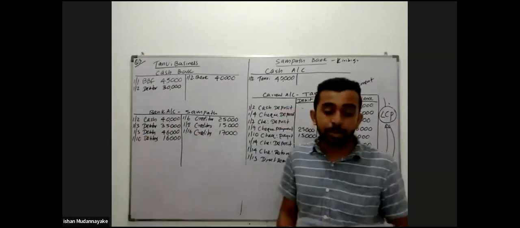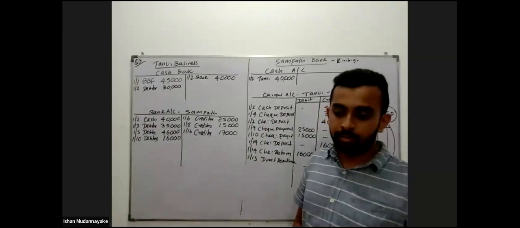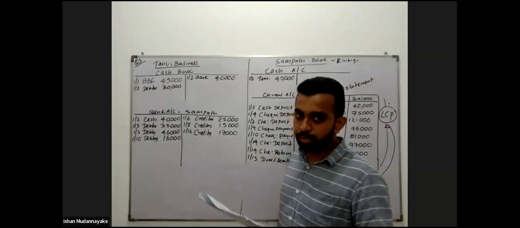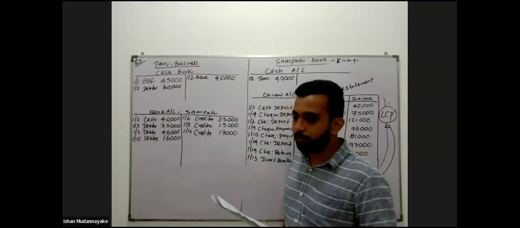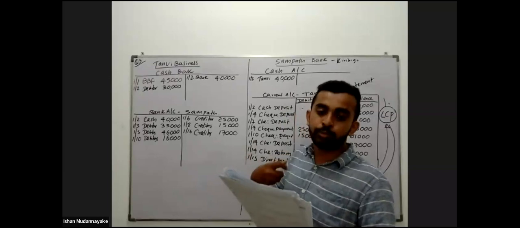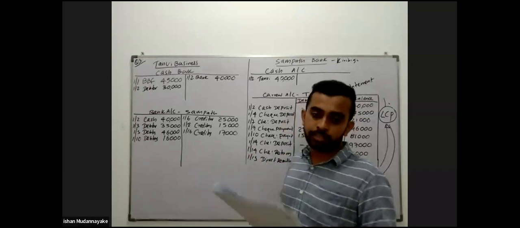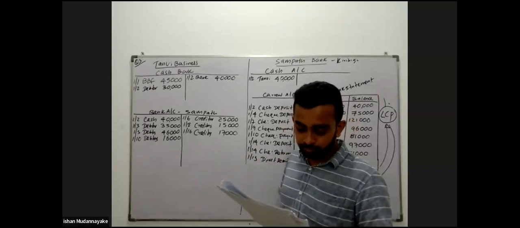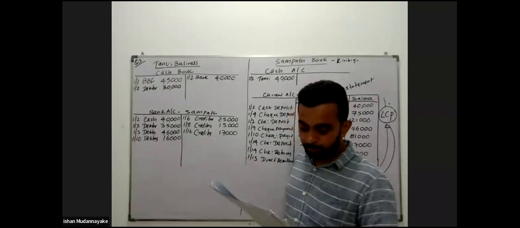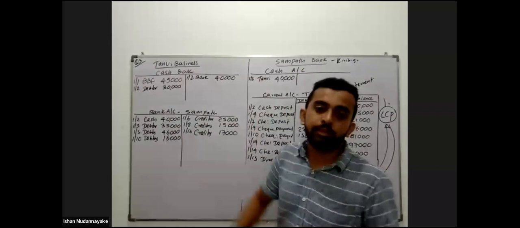Supplier means one of the creditors, so no need to write down supplier. Suppliers are the persons who supply products to the business. Creditors, credit suppliers. You write down creditors, 17,000. Creditors account debit.